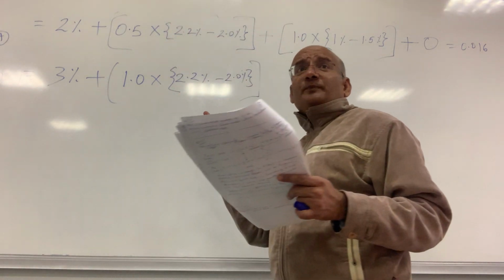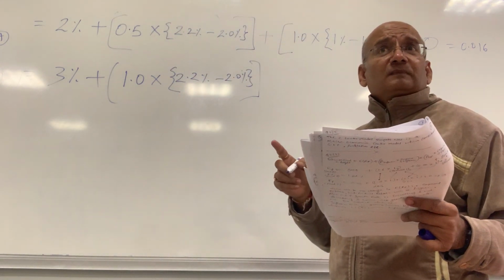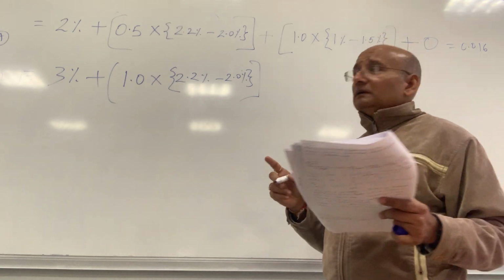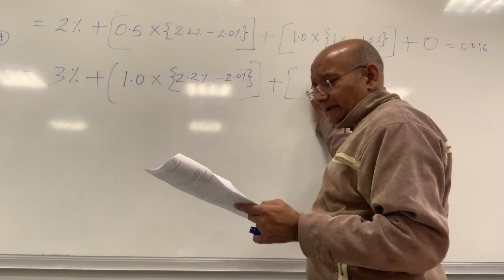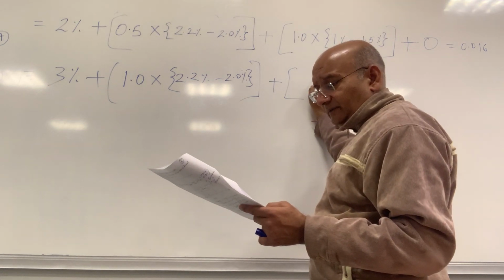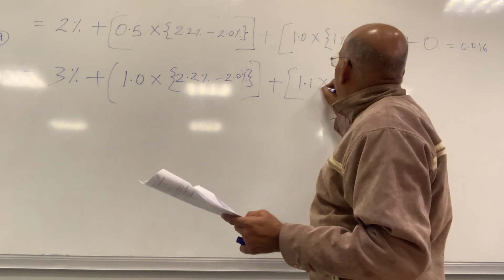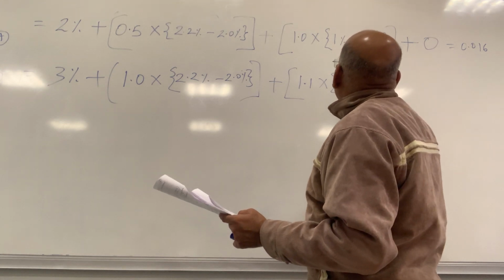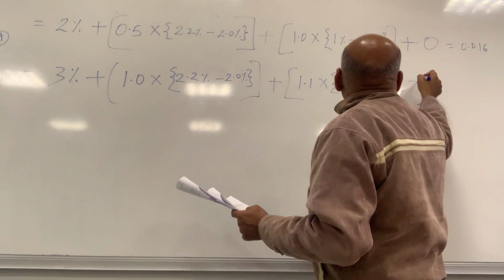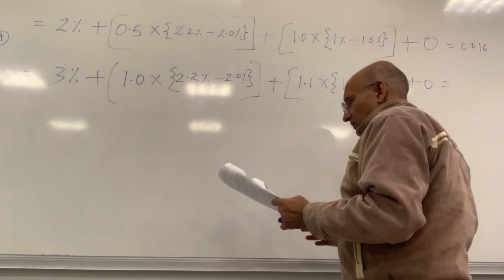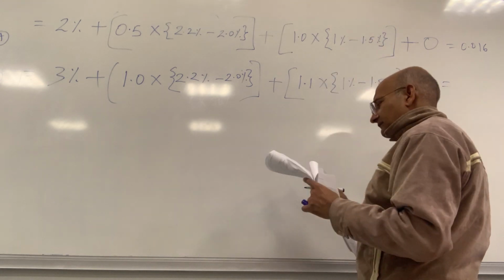Don't forget to put the percent sign. That is important, otherwise the wrong answer will come. Then again, factor sensitivity is 1.1 towards GDP growth and 1 minus 1.5%, plus 0.